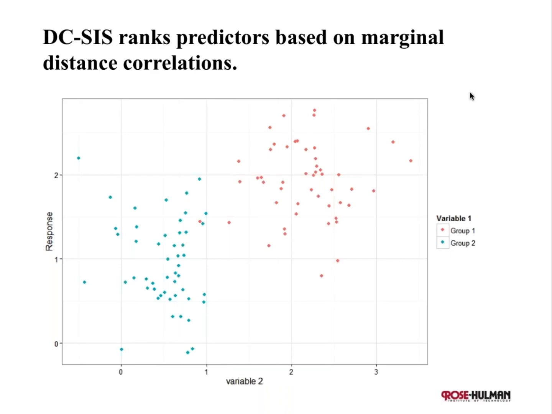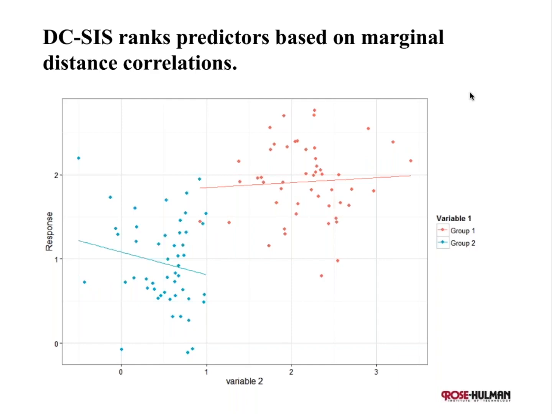In this case, we can see that the response and variable 2 can have a relationship. However, since variable 2 is built on two groups that are defined by variable 1, if we don't consider the grouping, then we can see there is a strong linear correlation between the response and variable 2.